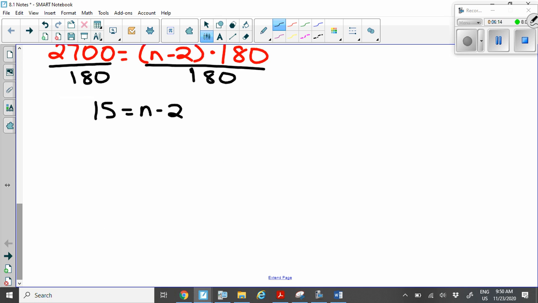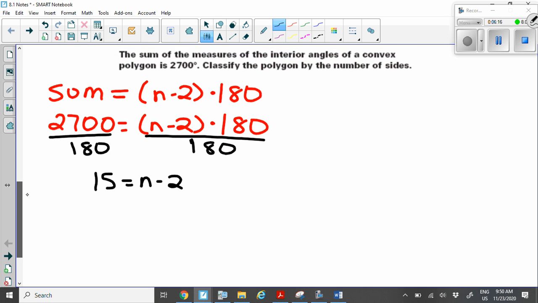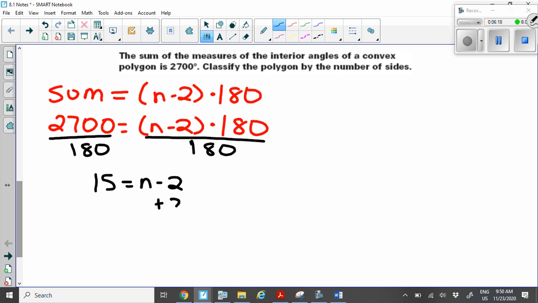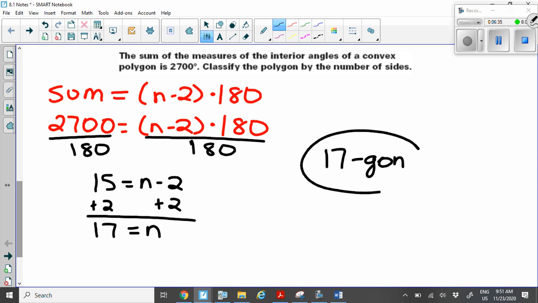Now we're trying to get n all by itself, so I'm going to add 2 to both sides, and I get n equals 17. So the polygon that has a sum of interior angles of 2,700 is a 17-gon. And that's my final answer.